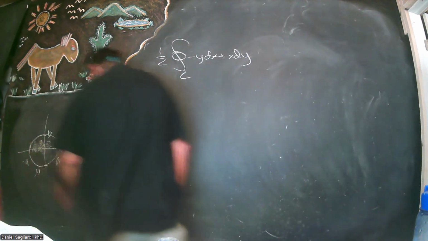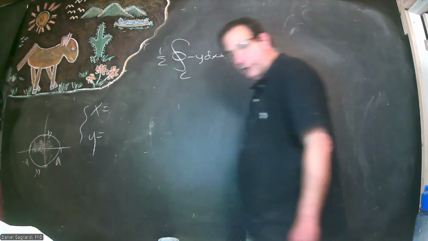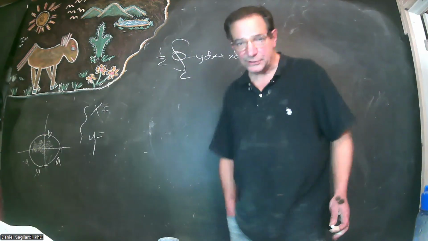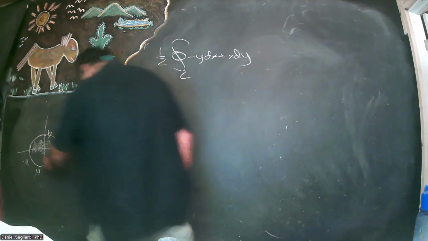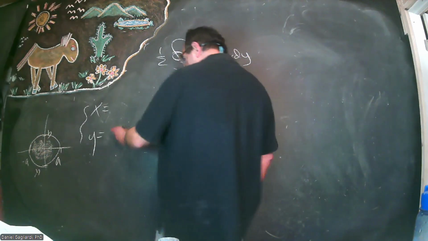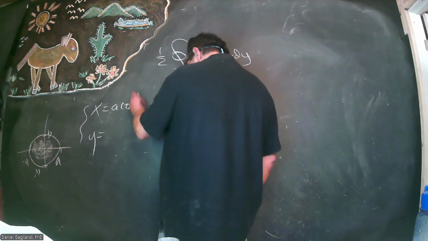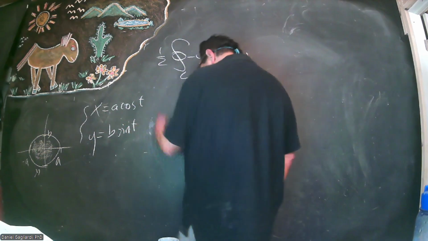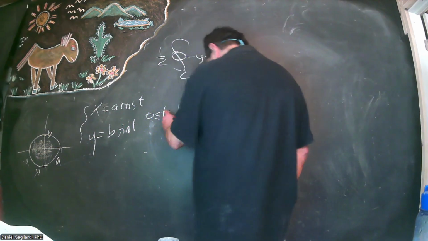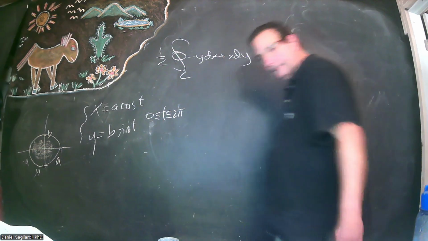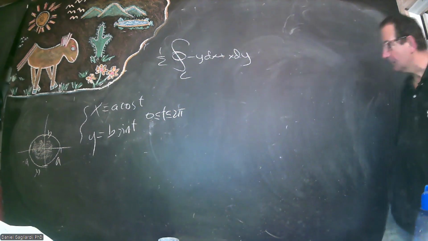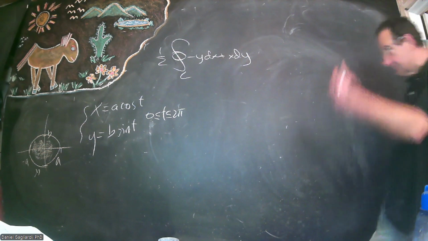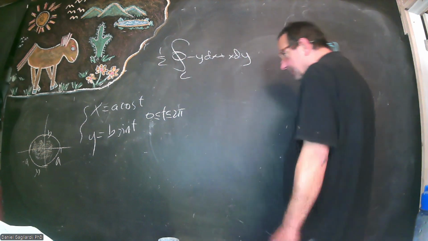Using the parametrization which we've discussed before for an ellipse, we have x is equal to A cosine t, and y is equal to B sine t, and t goes from 0 to 2 pi. Cool beans?